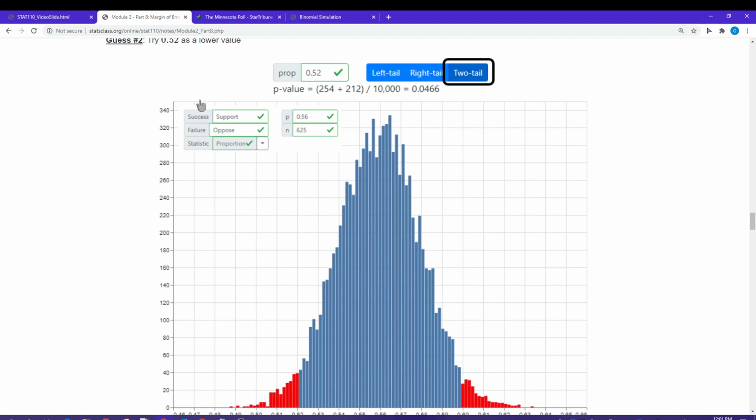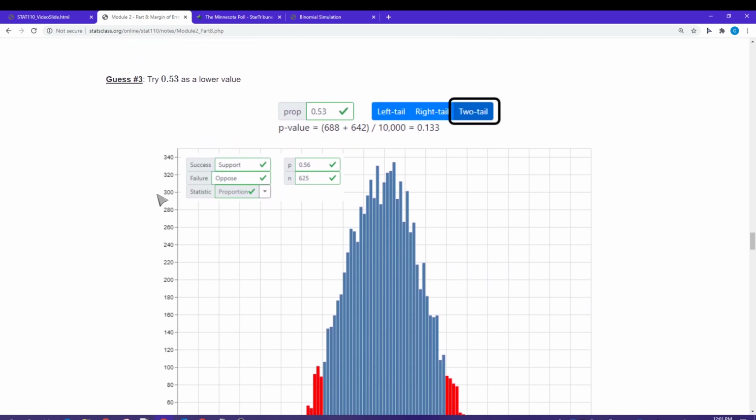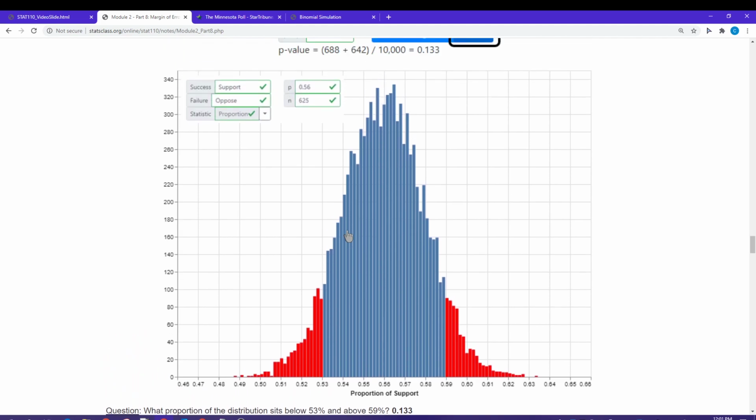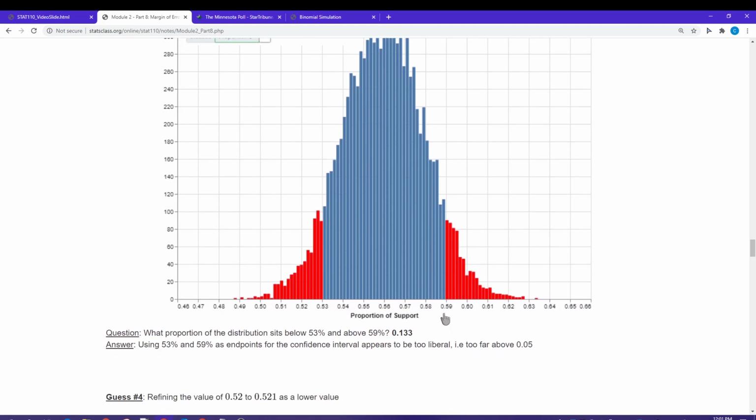If I try 0.53, I believe I'm going to shoot up above 5% here, but we can try it. 0.53 in the proportion box. Yeah, it looks like I'm truncating about 13% of the distribution now. So a lower endpoint of 0.53, and an upper endpoint of 0.59, looks like it's a little bit too much.